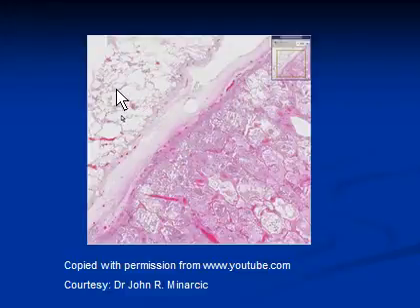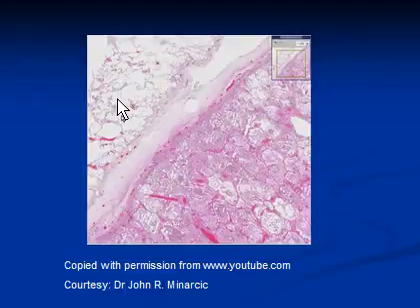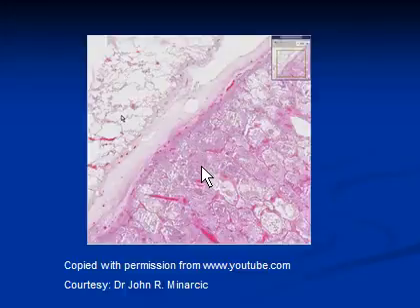So the alveoli here are filled with air, as opposed to this junk here, which is composed of, in initial stages, fibrin and neutrophils, and towards the end of the process you'll see more macrophages in there rather than neutrophils.